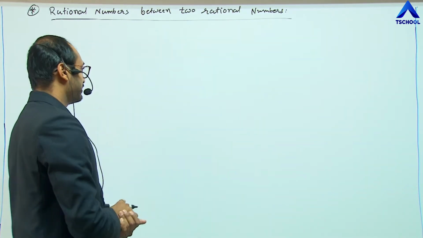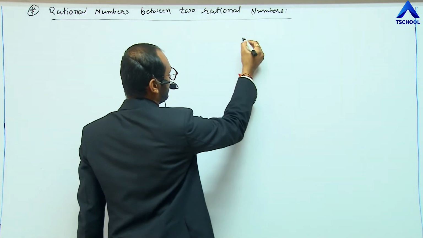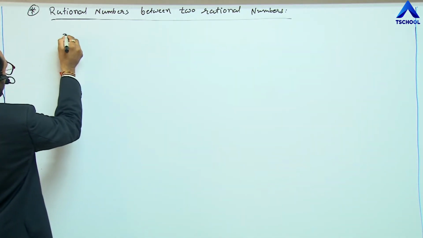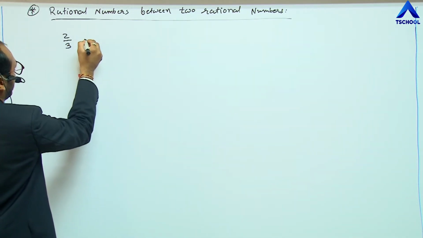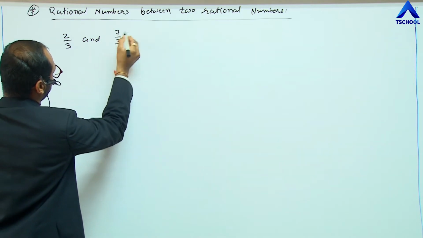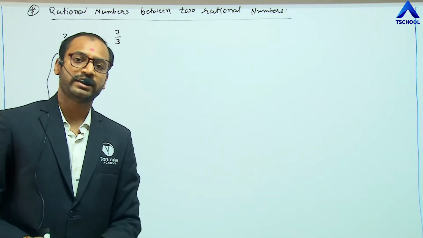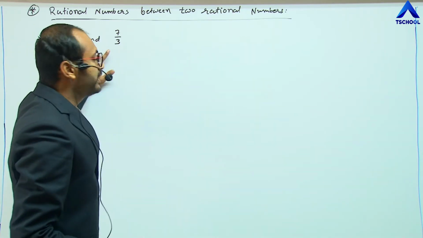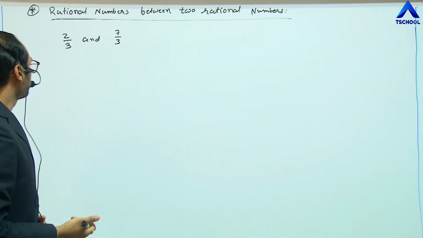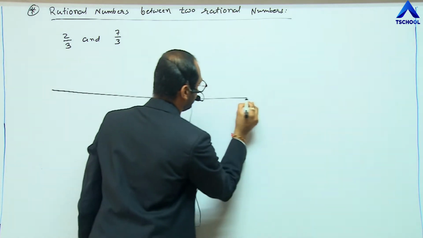Let me take an example: how many rational numbers are there between 2 by 3 and 7 by 3? Count the number of rational numbers between these two values. How can we count it? Let me draw a number line.